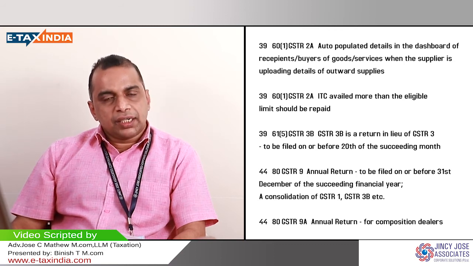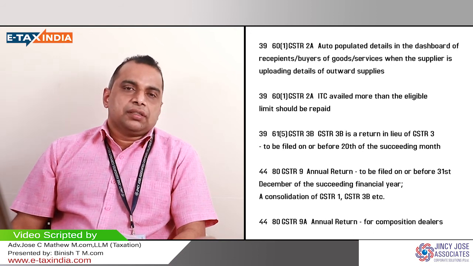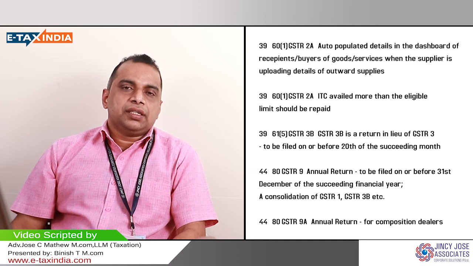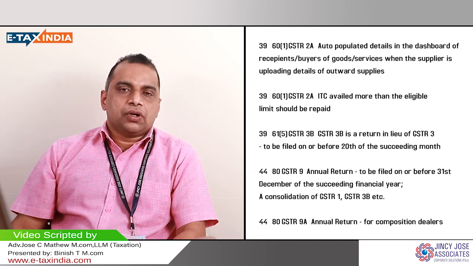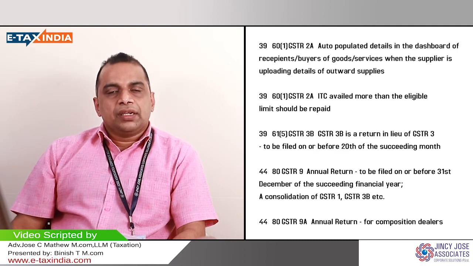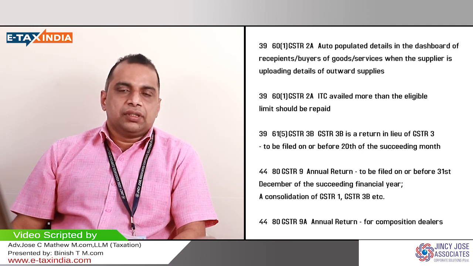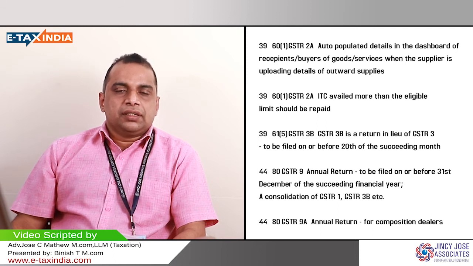Next one is GSTR 3B. This is the monthly return to be filed by the regular taxpayers on or before 20th of the succeeding month. It shows the outward supplies as well as the input tax credit available as per the inward supplies or our purchase ledger.